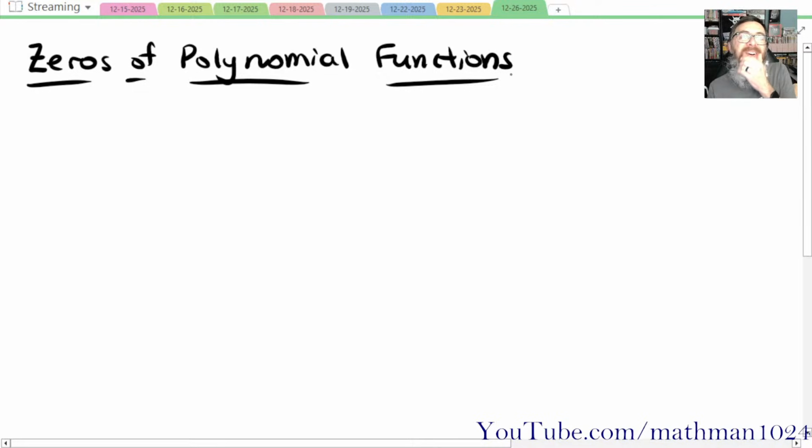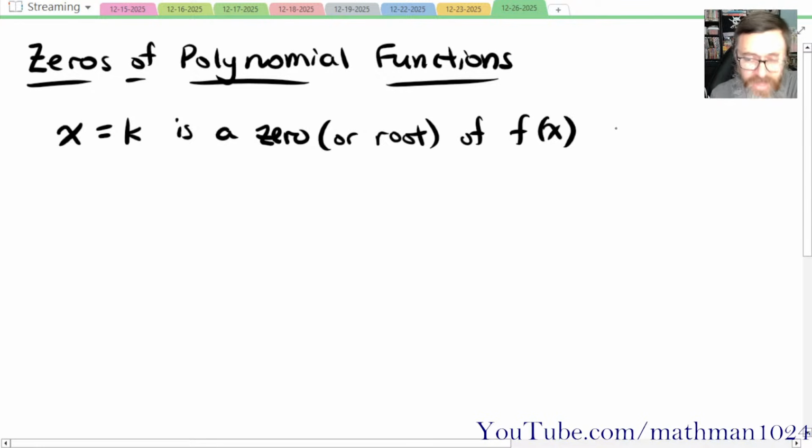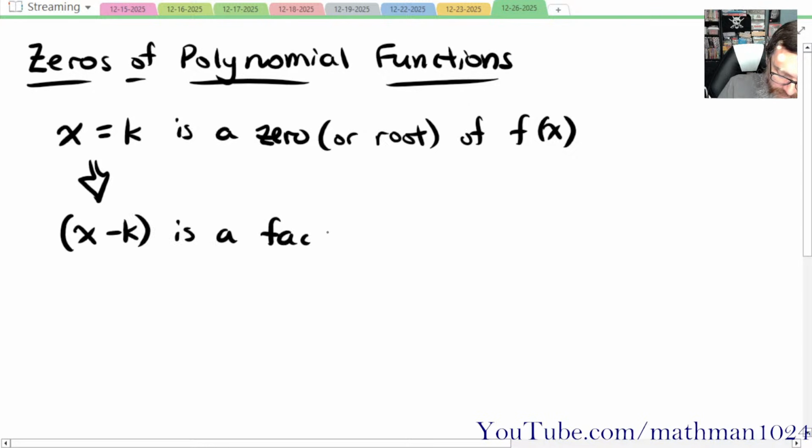All right. So let's start here. If I say that x equals k is a 0, sometimes we'll call it a root of a function, what are some things we get from this? Well, if x equals k is a 0, that means that x minus k is a factor of the function.